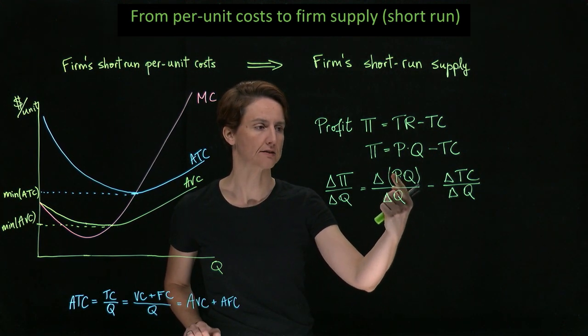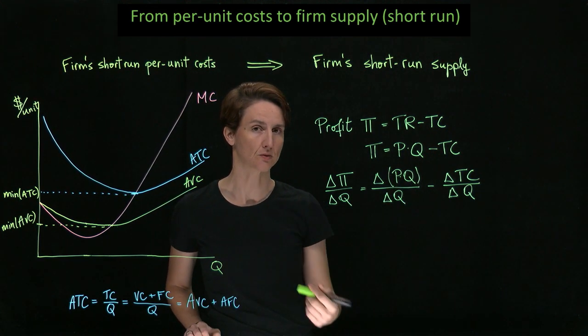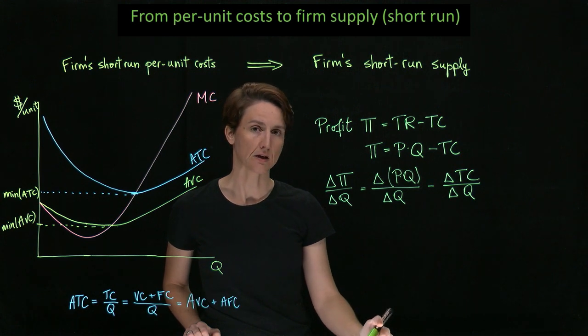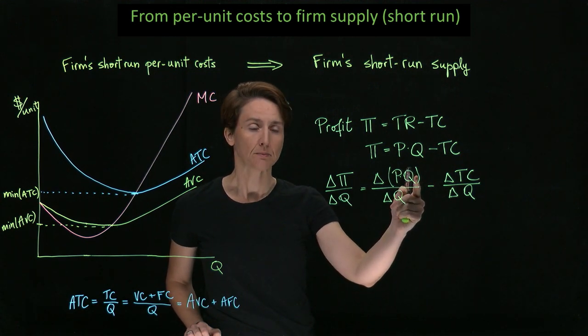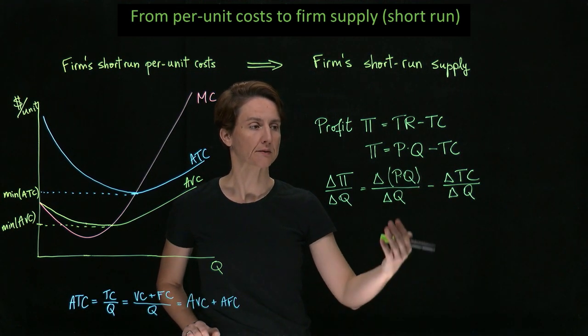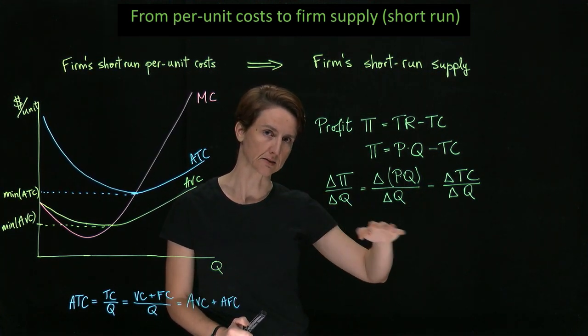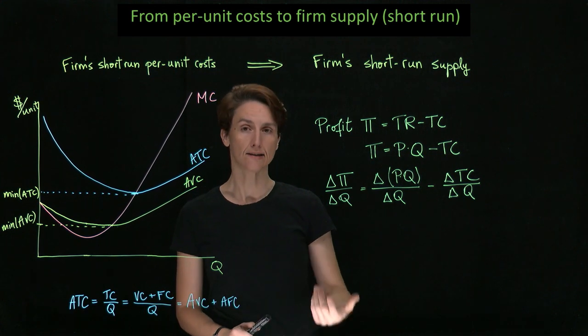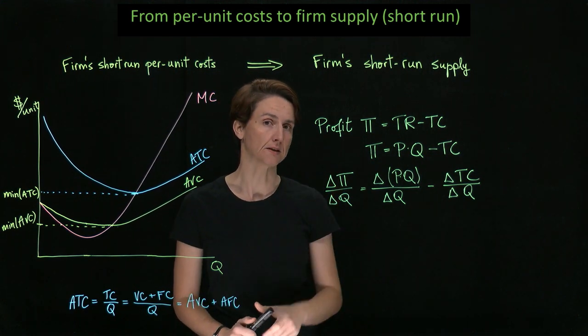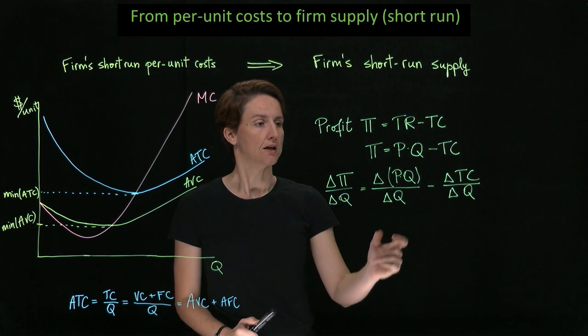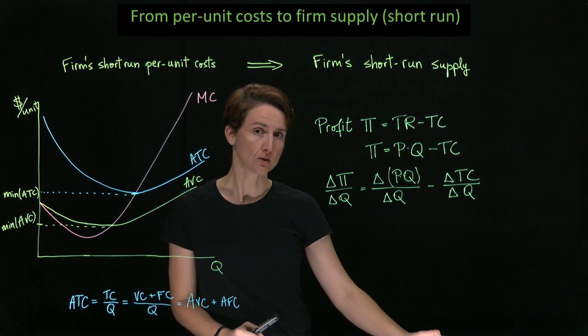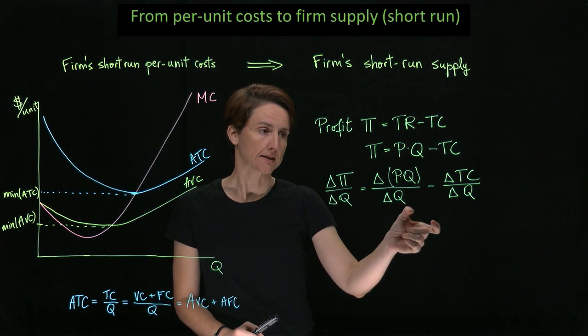Price, recall, is the price at which the firm is able to sell its units of output, which typically we would expect might depend on the amount of output in the market, since remember, demand curves are downward sloping. However, under perfectly competitive markets, each firm, we said, is too small to make a dent in the market.